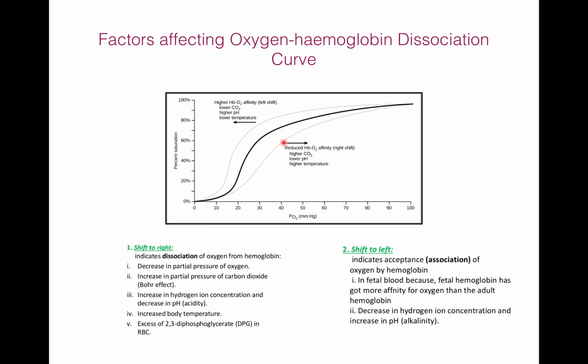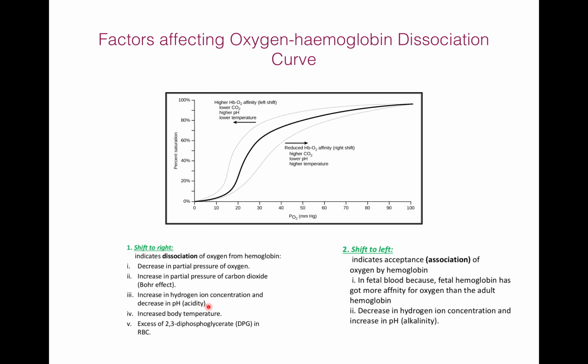It is so because a higher concentration of carbon dioxide stimulates dissociation of oxyhemoglobin and release of oxygen. Then there is an increase in hydrogen ion concentration and decrease in pH. That means increase in acidity causes the curve to turn to the right side. Also, with increase in body temperature, the curve turns to the right side.